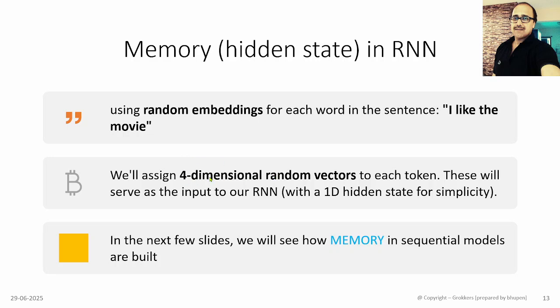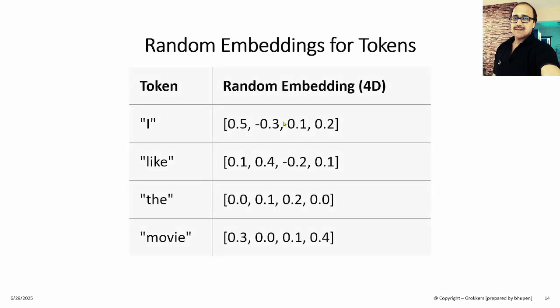In this example, we simply use a random vector for each token, so that the RNN can process the input. For example, I can be a 4-dimensional vector. It can be n-dimensional, but in this example, we're just taking 4 dimensions for illustration purposes.